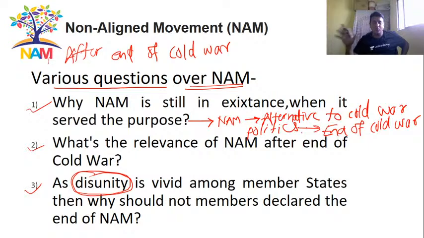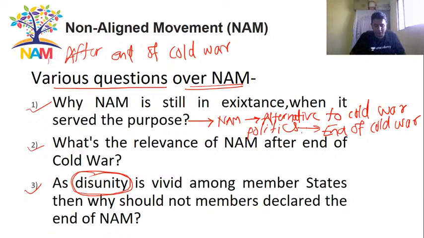After the end of Cold War, the disunity among the member states is visible. So why should it not end? If you don't have unity, why should we not end NAM? What do you think?